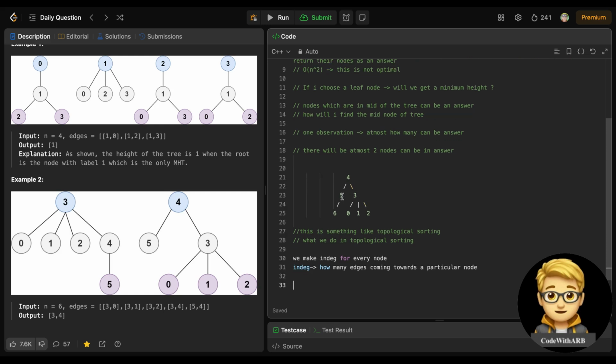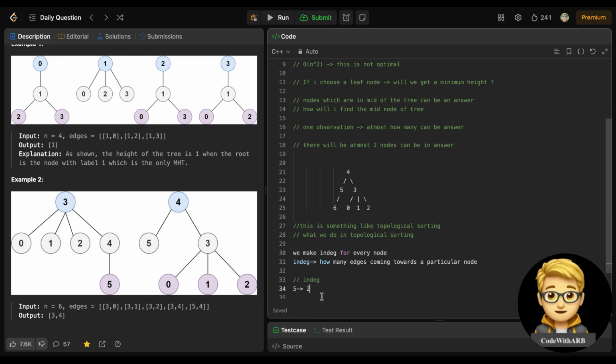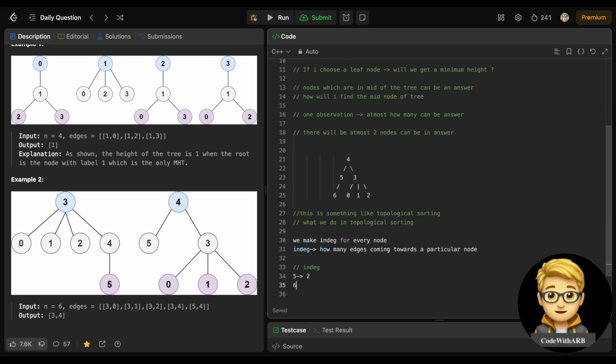Let's suppose this is 5 here. What will the in-degree for 5 be? This will be 2, because 4 and 6 are coming towards 5. So the in-degree of 5 is 2, right? What will the in-degree for 6 be? This will be 1, right? So this is how we will find the in-degree.